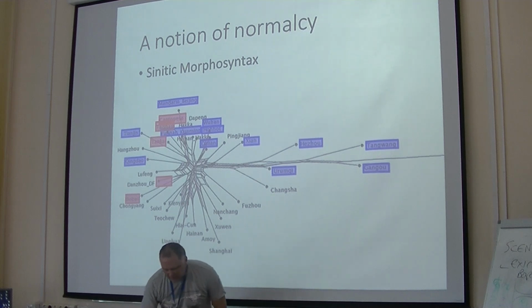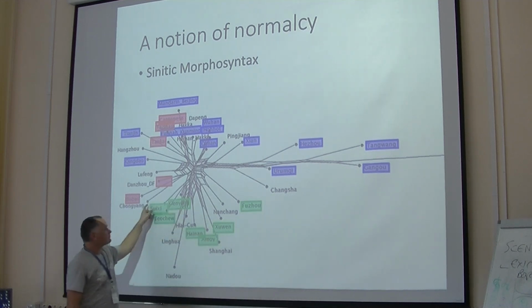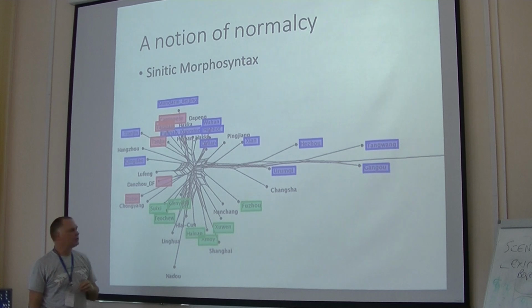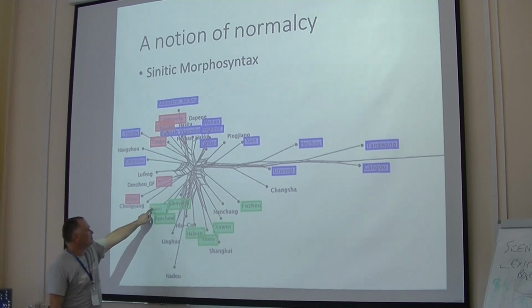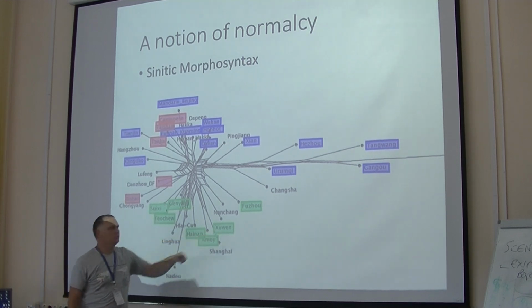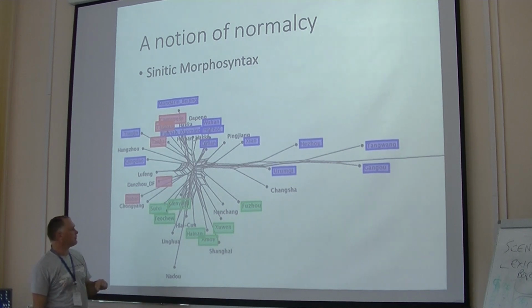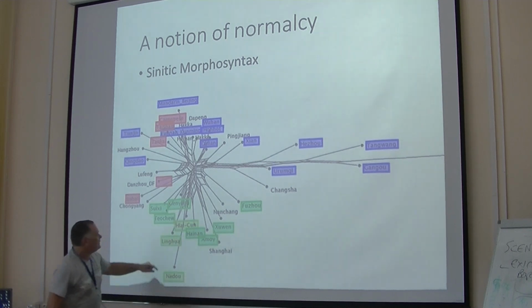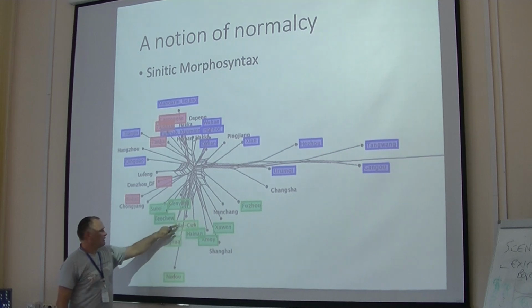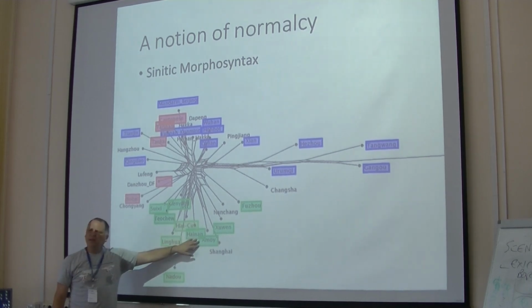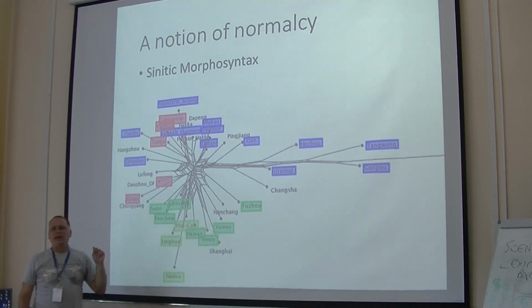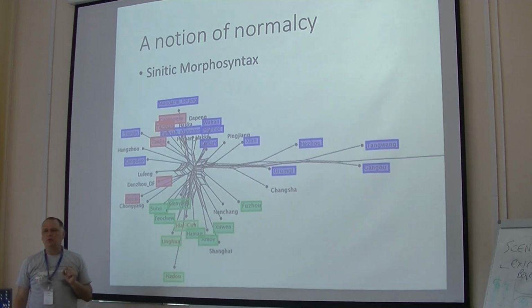Just for the sake of completeness, these are the Min languages, originally from southern Fujian. Those Suishi and Xuwen are in Guangdong on the Leizhou Peninsula. These three are nominally Min languages, but they're spoken by ethnically non-Chinese people who've acquired them.